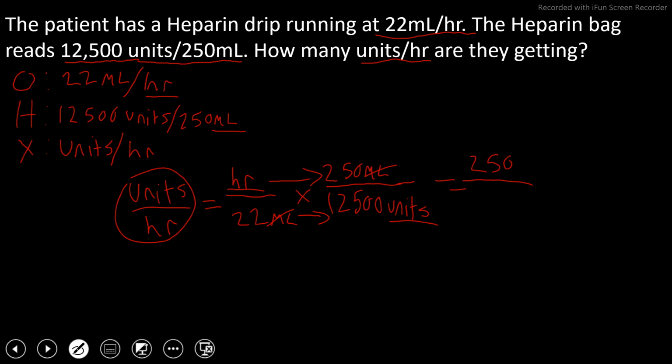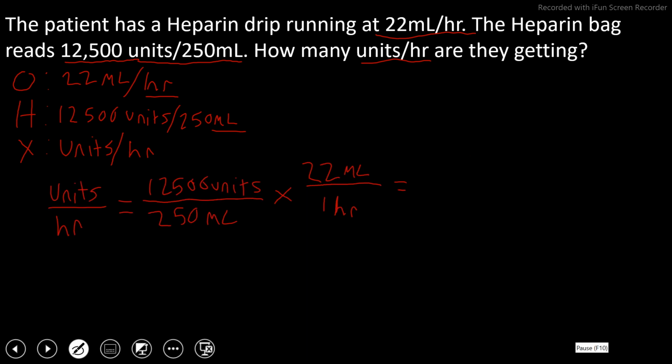So 250, 1 times 250 is 250, and then 22 times 12,500. So I just realized I made a mistake, which is good for a learning experience. You guys don't do it and you can recognize when you see it. So you see how it's units up here and hours down here? When I started writing my problem, I accidentally put hours up here and it's supposed to be units up here. So let me rewrite it real quick. Okay, it is rewritten in the correct format now. You see how units here and units here.